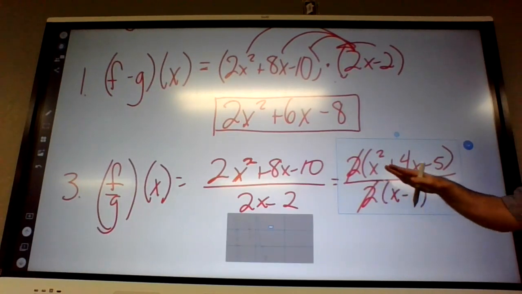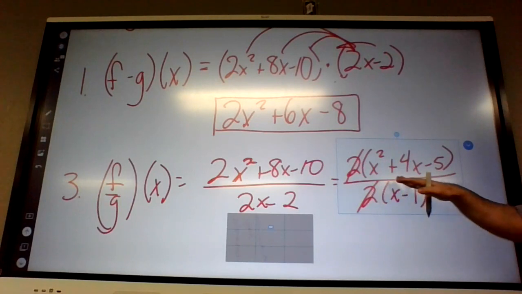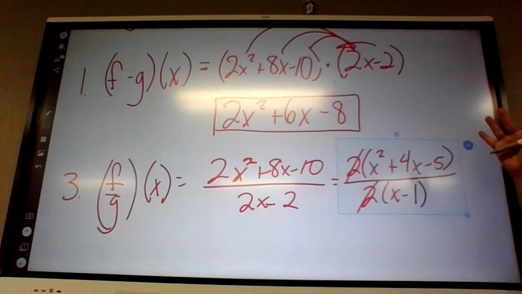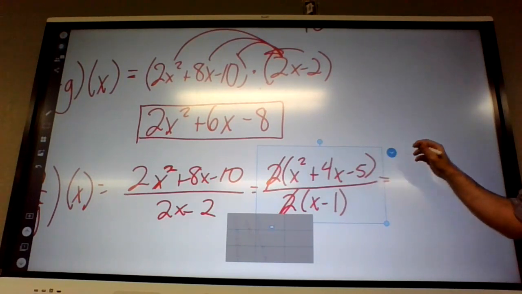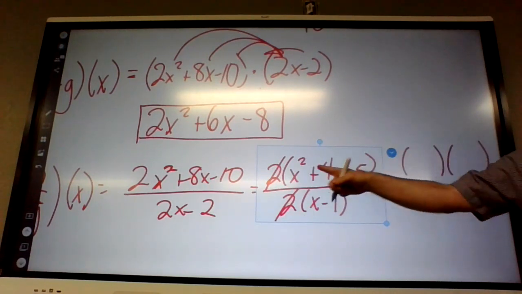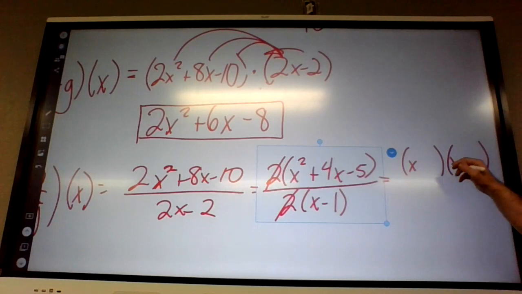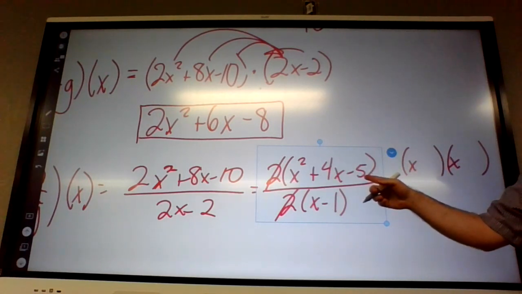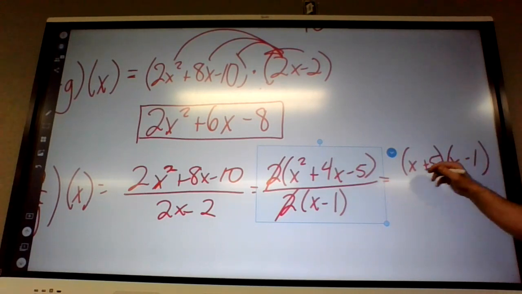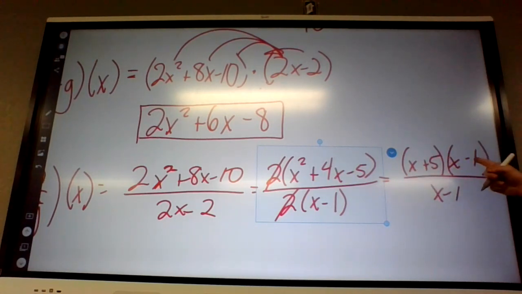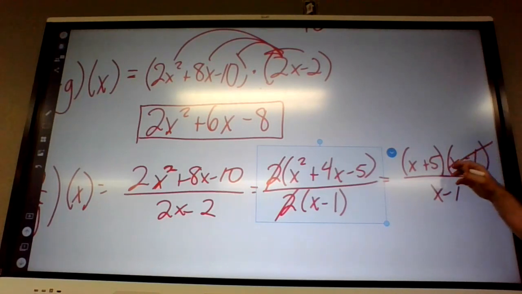So, yeah, multiplying and dividing cancel out, but not add and subtract, if that makes sense. But if I factor the top, so what goes into x squared, what goes into negative 5, that adds up to 4, 5 and minus 1. Now the top, these are factors, these are multiplied things. So multiply and divide cancel out, x minus 1 cancel out.